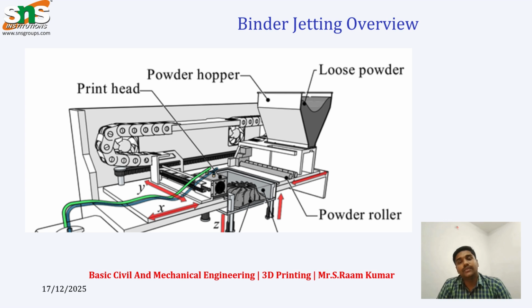Then the fifth one is binder jetting, where the binder, which is a paste or adhesive, is used to develop the product. These are the basic methodologies through which 3D printing is feasible in different types of material. In order to develop new products and new ways of product development, 3D printing plays a key role in every manufacturing and production industry.